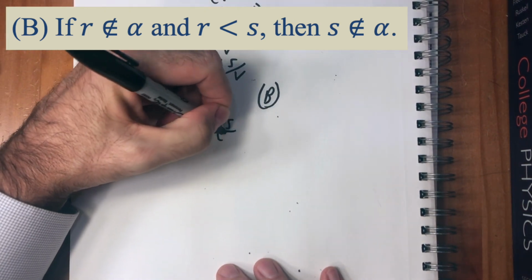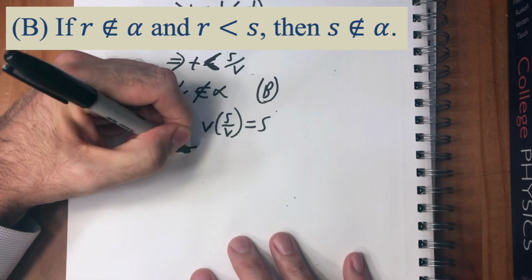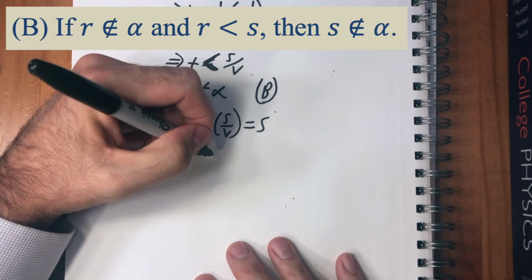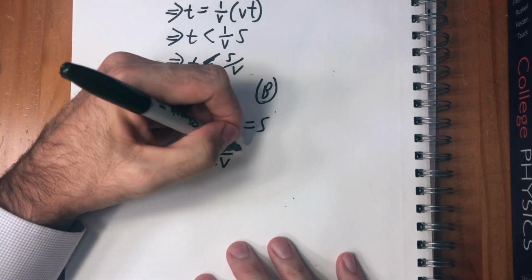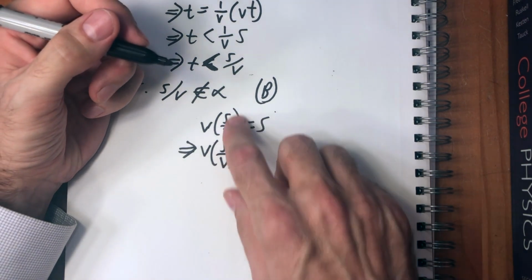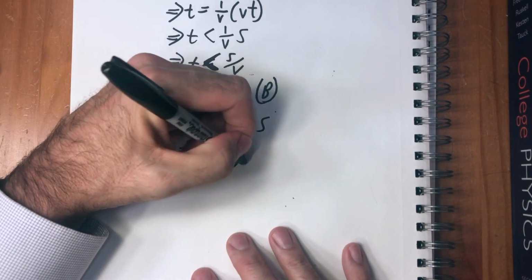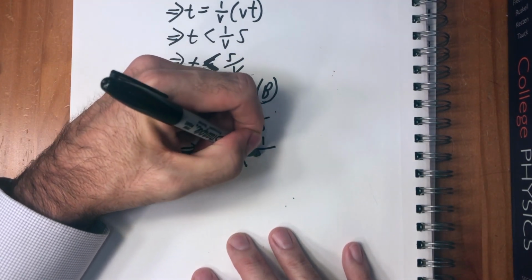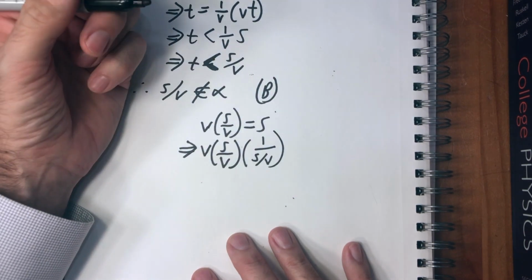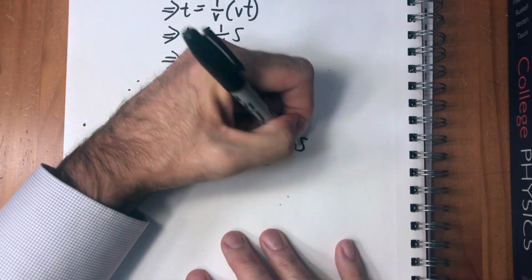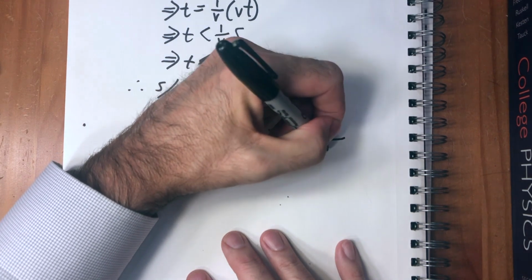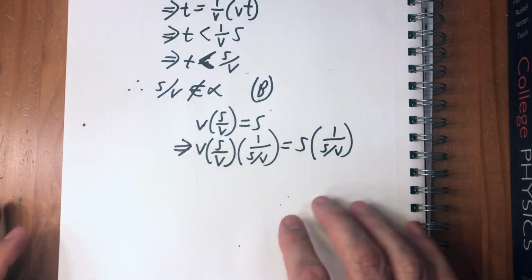Now let's do some more. V times S over V equals S. V times S over V times the reciprocal of this, which I'm going to write in a strange way, 1 over (S over V), equals S times 1 over (S over V).